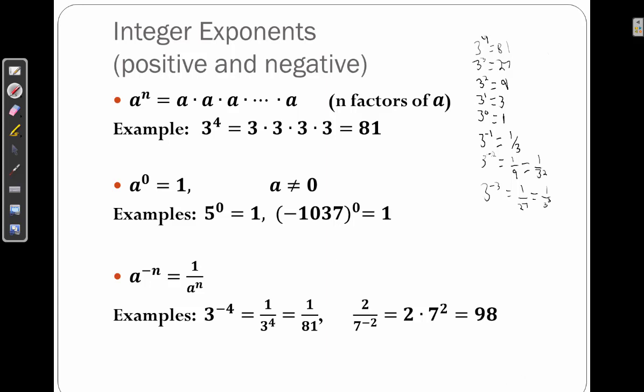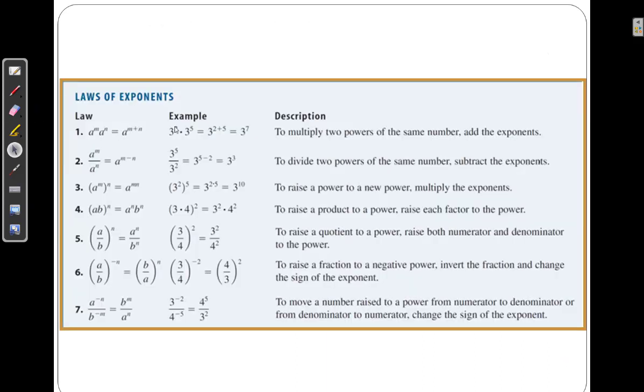Alright, moving on. The rest of the section is just dealing with laws of exponents. The laws of exponents, as shown here, tell you how, when you're doing operations with exponential expressions, numbers raised to exponents, how the exponents interact.